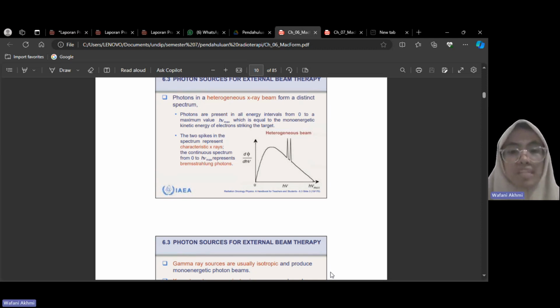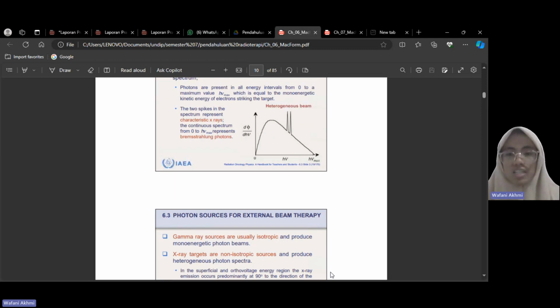Point 1: photons are present in all energy intervals from 0 to a maximum value, hv max, which is equal to the monoenergetic kinetic energy of electrons striking the target. The two spikes in the spectrum represent characteristic X-rays. The continuous spectrum from 0 to hv max represents Bremsstrahlung photons. There is the graphic.